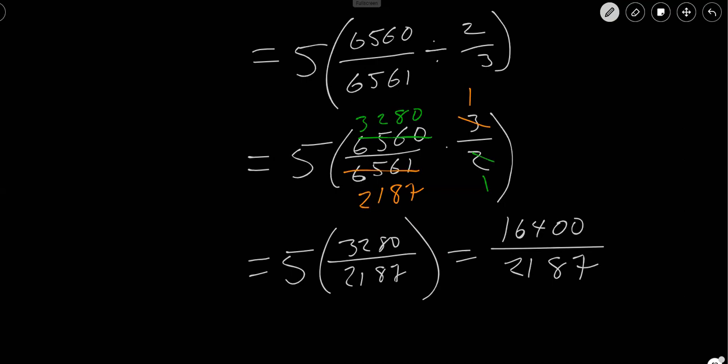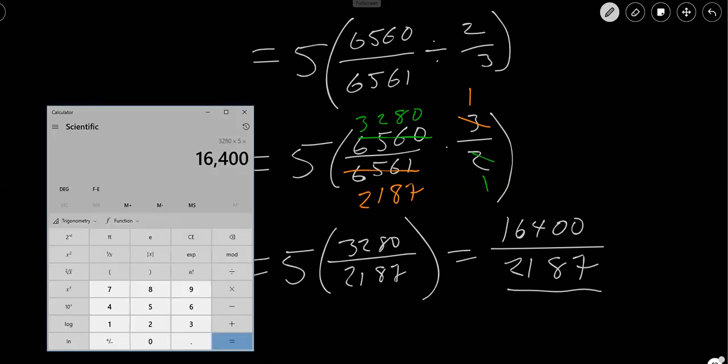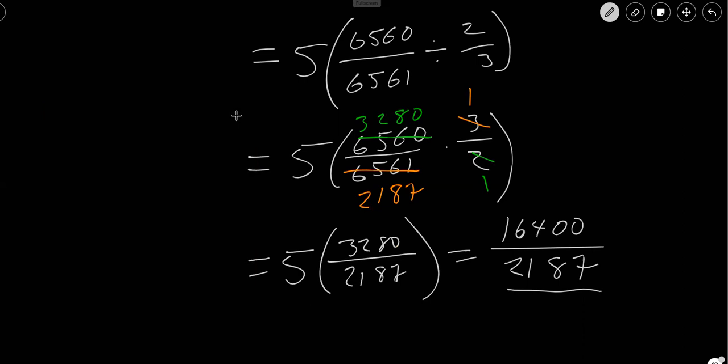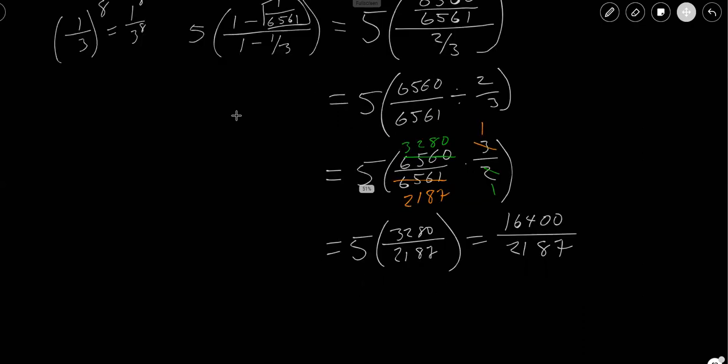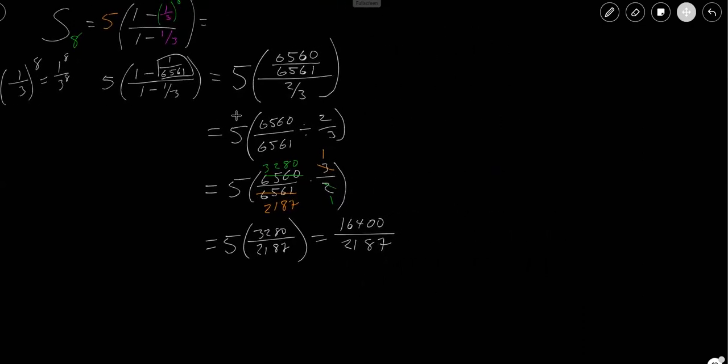I don't think we can divide this out. This is a multiple of 3, and 16,400 is not divisible by 3. Yeah, it's a decimal. So this is going to be our value. It's kind of ugly, but that's our sum. The sum of the first 8 terms is equal to 16,400 over 2,187.